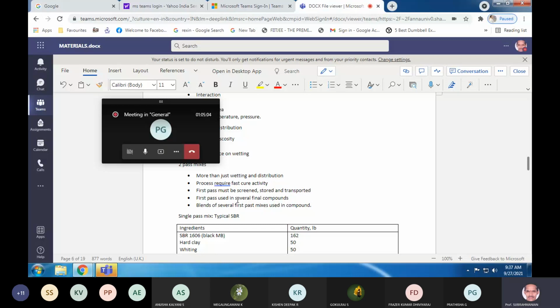So this hard undispersed filler has to be separated. In such cases, the screening we cannot do on a full mix because it may scorch, right? And in some cases, we may have to store the master batch for a longer duration. On storage of the master batch, nothing happens. Transporting, these are all practical issues. You can visualize.